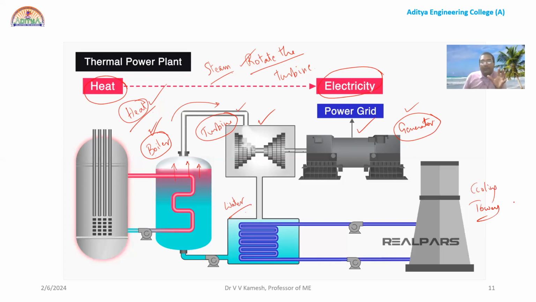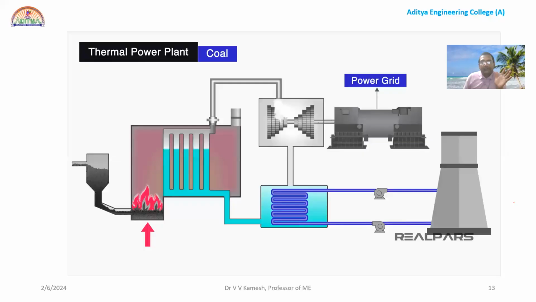Identify the main components: boiler, turbine, generator, right? So to the earlier diagram, there is a small difference. What is the small difference? Coal. Coal means I am getting the heat energy to the boiler by means of coal.